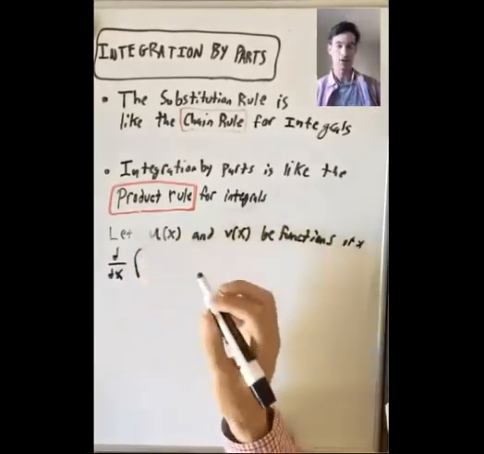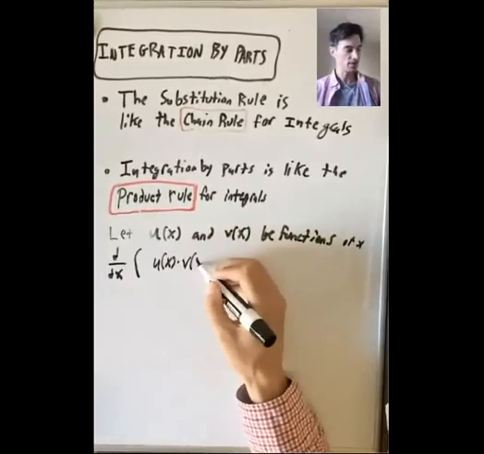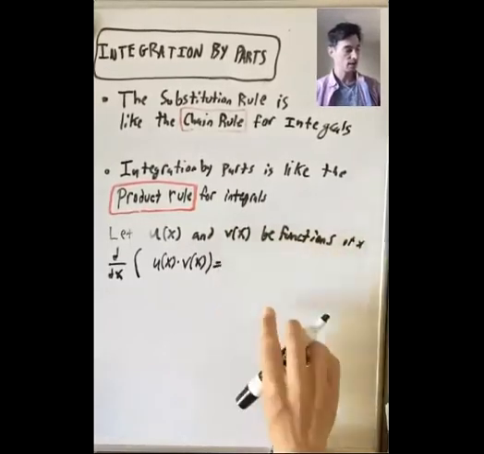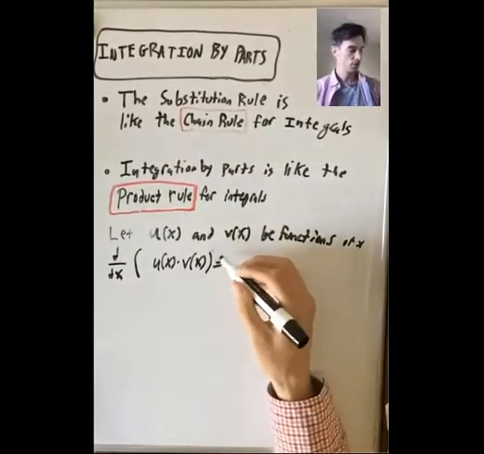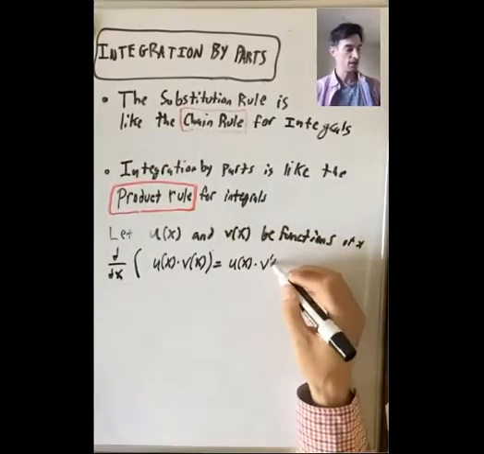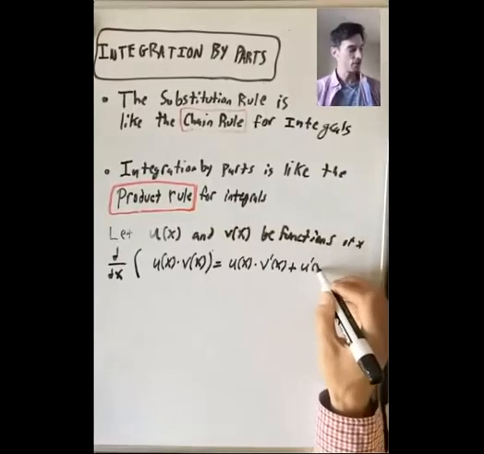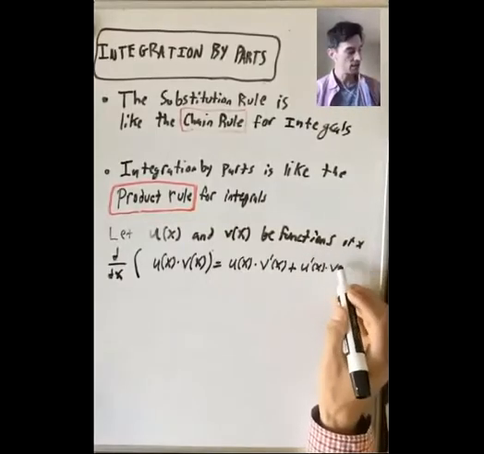When you take the derivative of the product, u of x times v of x, what do you get? You get the first function, u of x, times the derivative of the second function, plus the derivative of the first function times the second function.